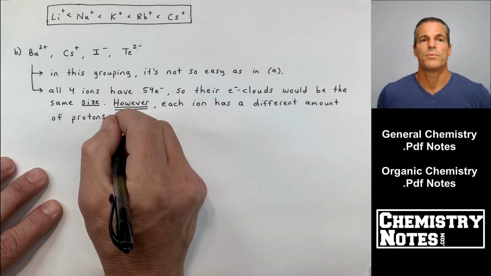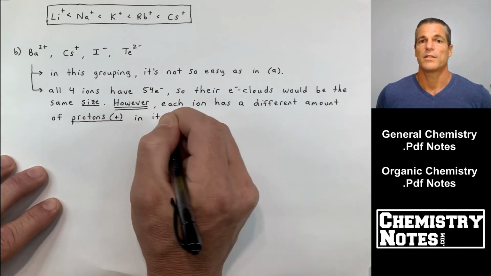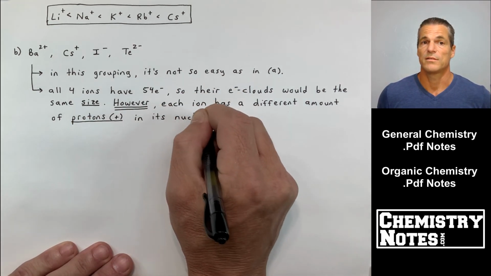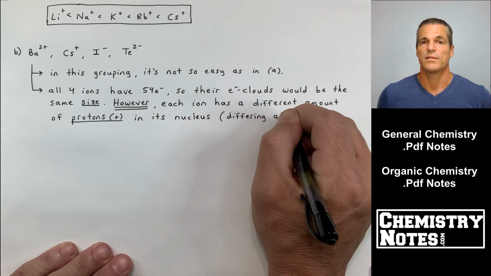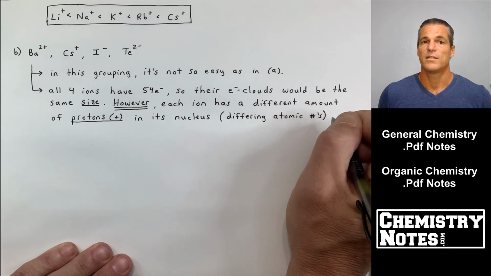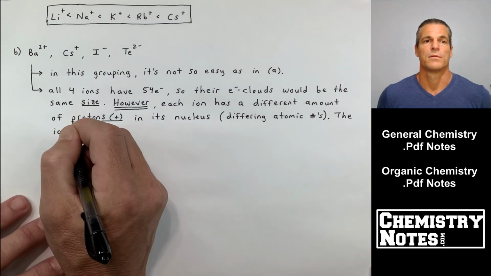And the second bullet point there says all 4 ions have 54 electrons, so their electron clouds would be the same size. Double underline says, however, each ion has a different amount of protons in its nucleus. In other words, a different atomic number.